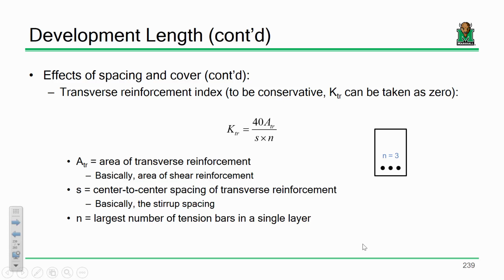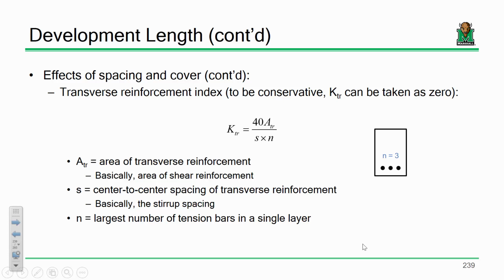This KTR value, I'm going to lightly define it now. I don't want to dump too many details on you all at once. But the long story short is KTR is a transverse reinforcement index. If you want to think of something we've been dealing with before, KTR is sort of a measure of how well your stirrups are doing. So you think you have bars going this way, but your stirrups wrap around them, right?